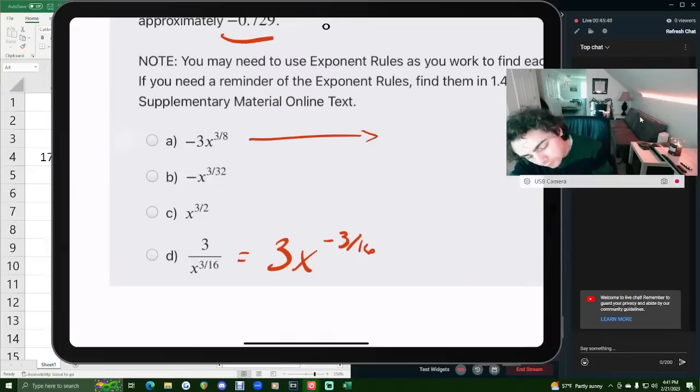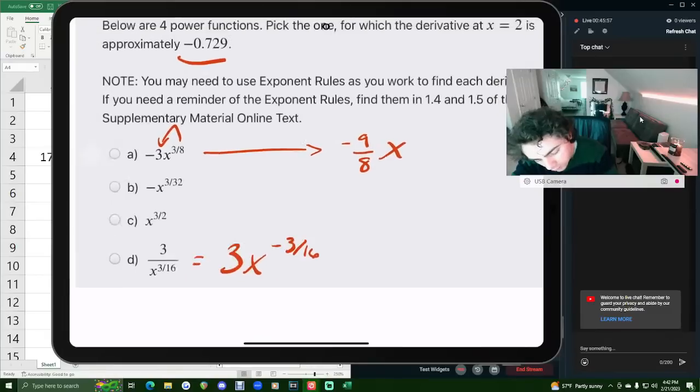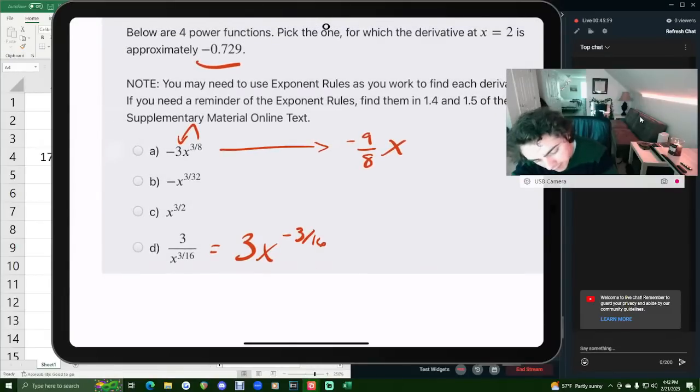Taking the derivatives first. We bring out 3/8 times 3. We get negative 9/8. We leave the x, subtract 1 from the exponent by doing top number 3 minus bottom number 8. 3 minus 8 is negative 5, and we leave that over 8. Let's find all our derivatives first.